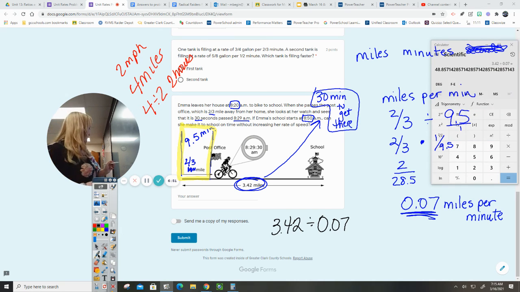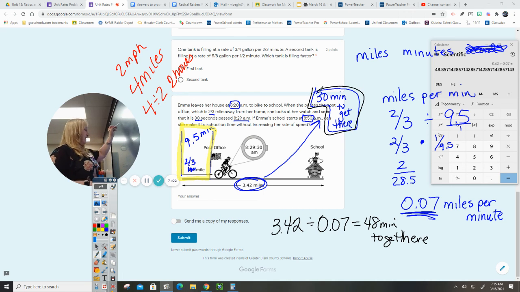And that 48 stands for how long it took her. 48 minutes to get there. But how long did she have? She only had 30 minutes. So did she make it to school on time? The answer will be no.